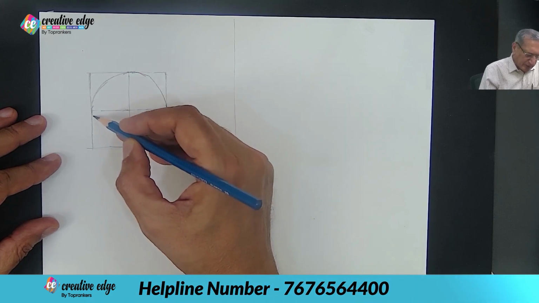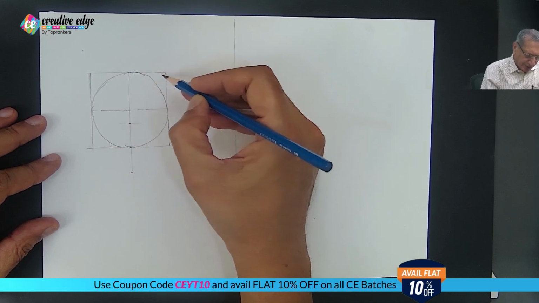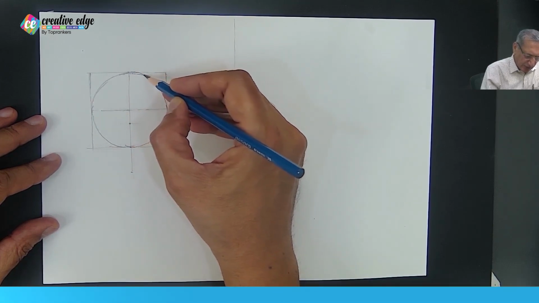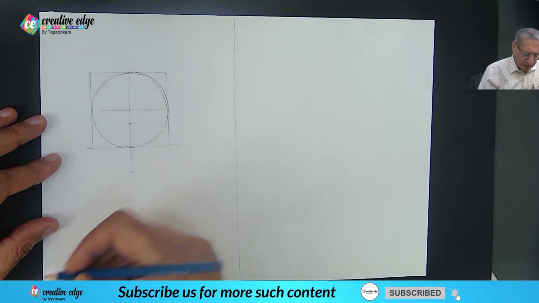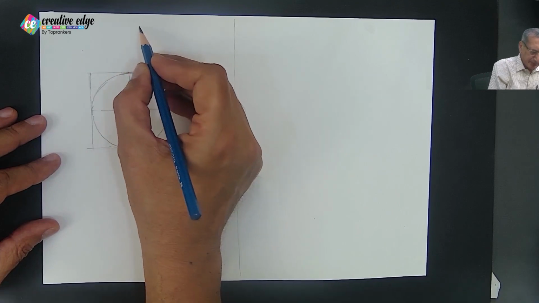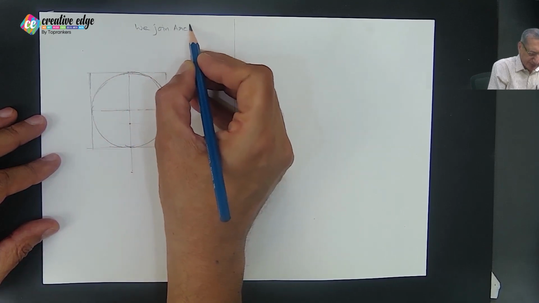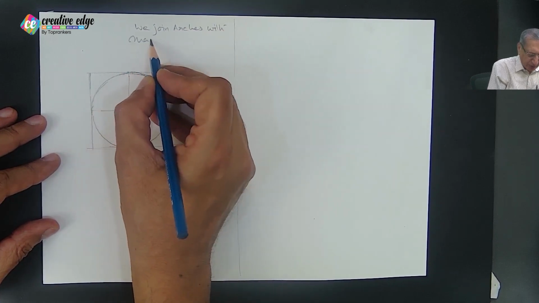How do we take the circle? Join the four arches on the cross line with the help of maximum possible curvature. We join arches with maximum possible curvature.